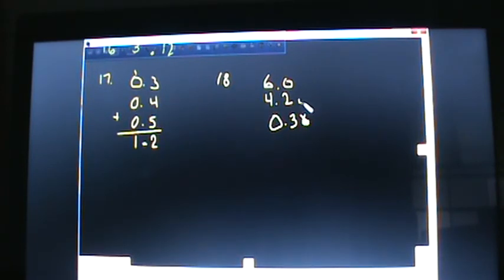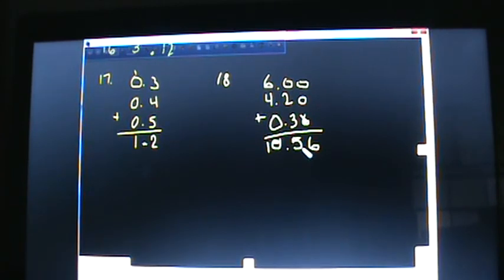Okay, so I'm going to put a 0 after my 2 and my 0 here. Okay, so that's 6 plus 0 is 6. 2 plus 3 is 5. Bring down my decimal. 4 plus 6 is 10. So my answer is 10.56.